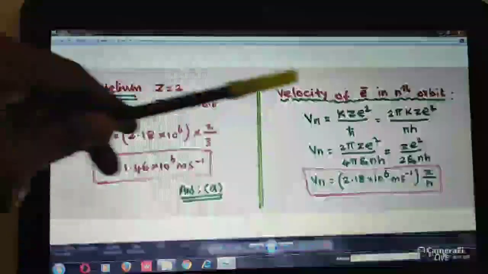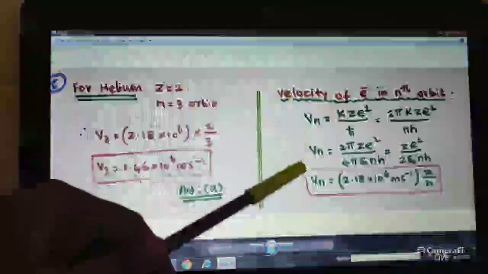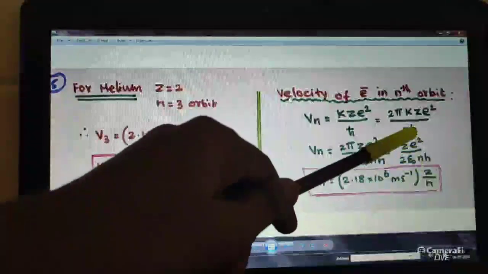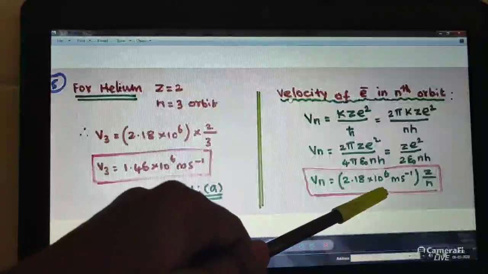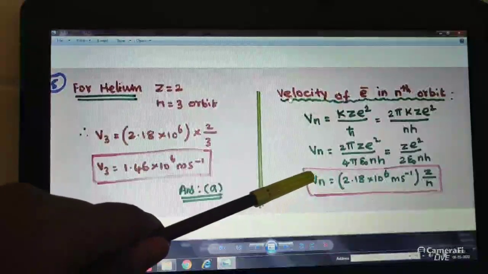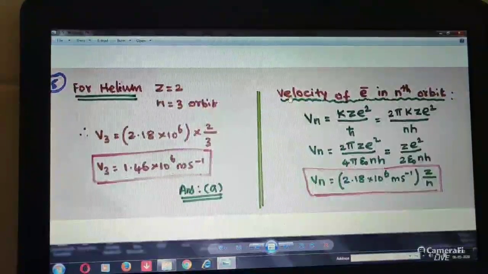Okay, if we keep all this, it is somewhat too difficult, you know. So we can write Vn is equal to, if we simplify, except Z and n, all the rest is constant, 2.18 into 10 power 6 meter per second, Z by n. That's all. So this is a highly important formula after simplification. Immediately we can find the answer, not only for helium, for any atom and any orbit.